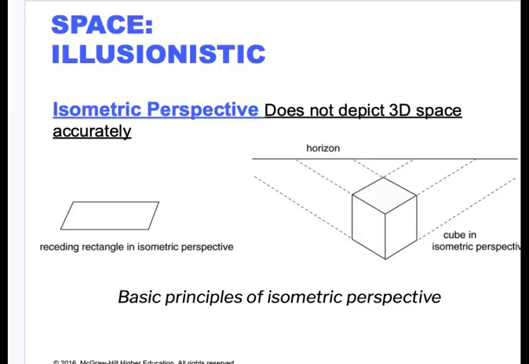So here again is another type of perspective. Now, this is under the category still of illusionistic. And we talked about 1-point perspective and 2-point perspective, and those, like I said, were discovered during the Italian Renaissance, actually due to the invention of a very crude and primitive camera, the camera obscura.